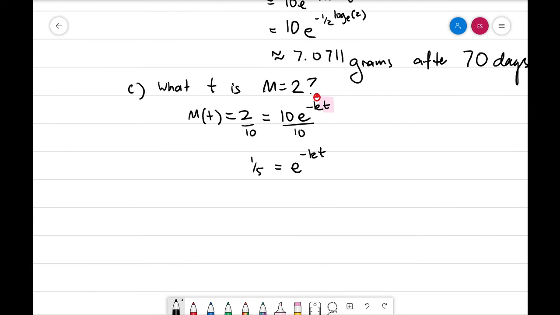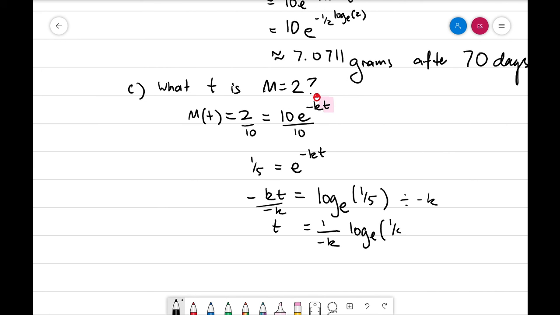And then we can use the same index law as we used above, and we'll get minus kt is equal to log to the base e 1 on 5. And then we'll get t, because we'll divide by minus k on both sides. We get t is equal to 1 on minus k, log to the base e 1 on 5.